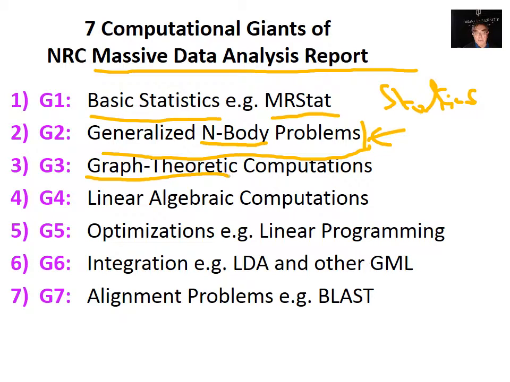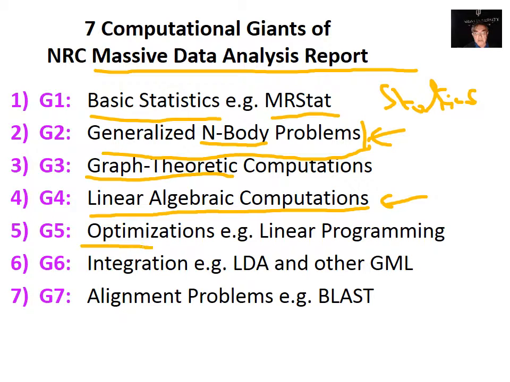We've been pointed out the importance of graphs, and there are many sophisticated graph algorithms which need to be implemented properly. This is where software like Giraph and Pregel comes in, also Pegasus. Linear algebra is absolutely critical in almost everything, and a lot of machine learning algorithms have linear algebra at their core.